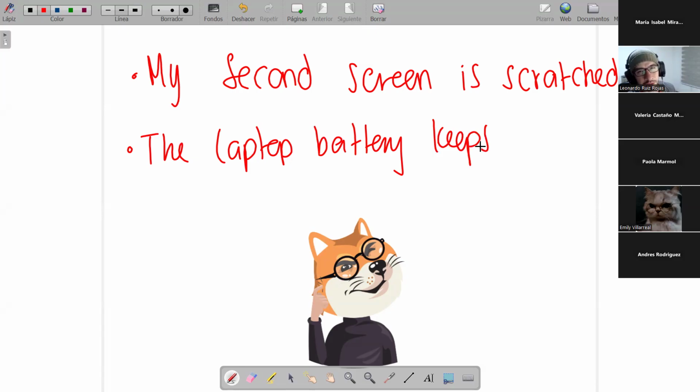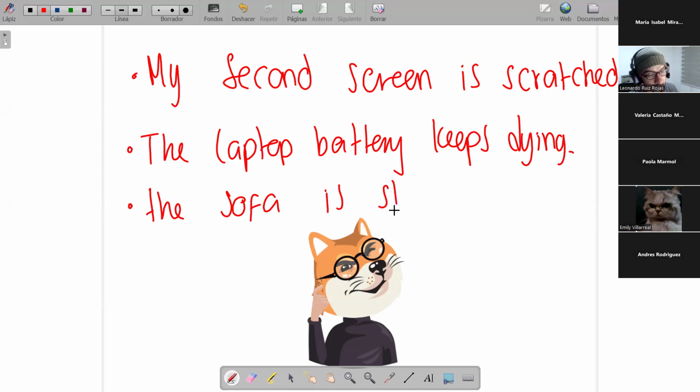It's an old laptop, so if I don't have it plugged in, the battery keeps dying, right? And finally, the sofa that we have in the studio is stained because I think somebody spilled water or something. Those are the three problems that I have here in my studio, okay?